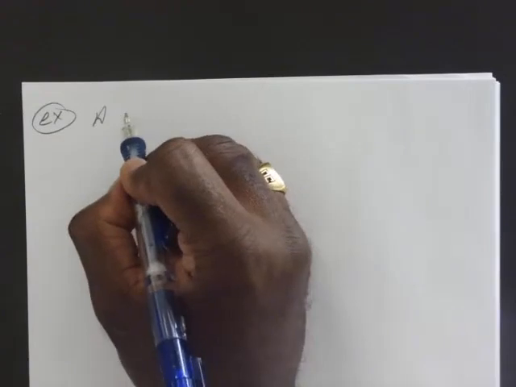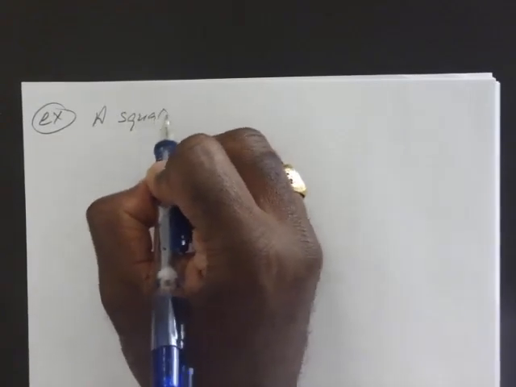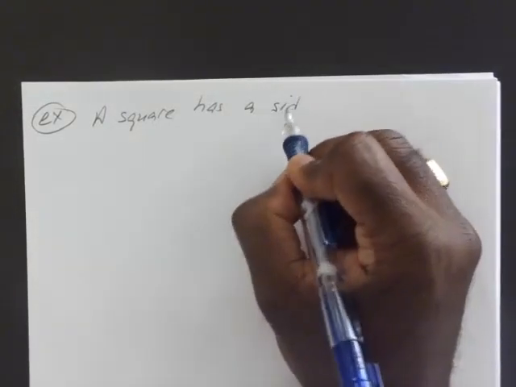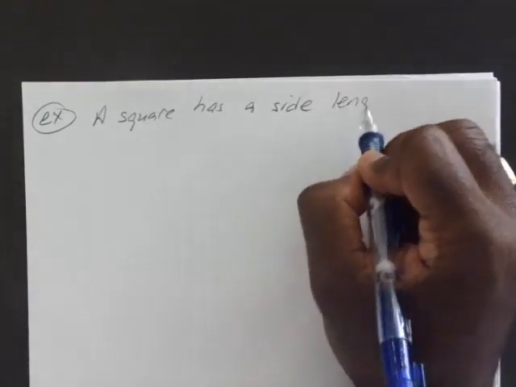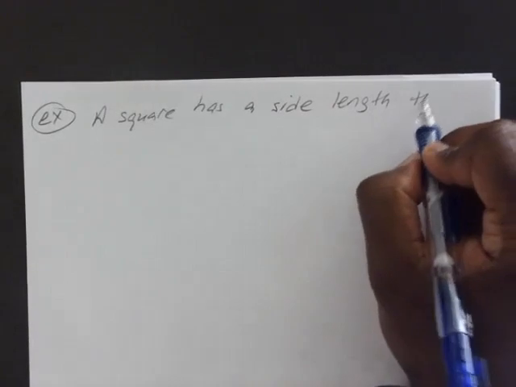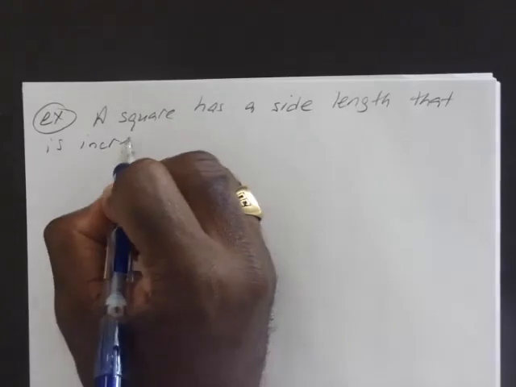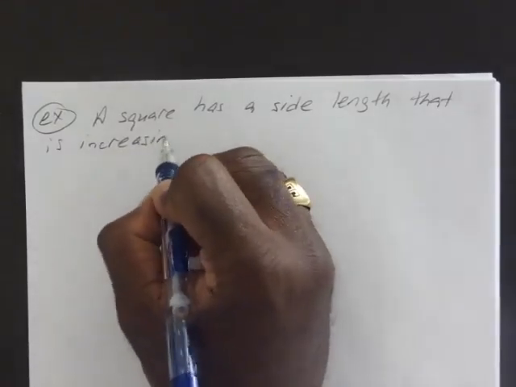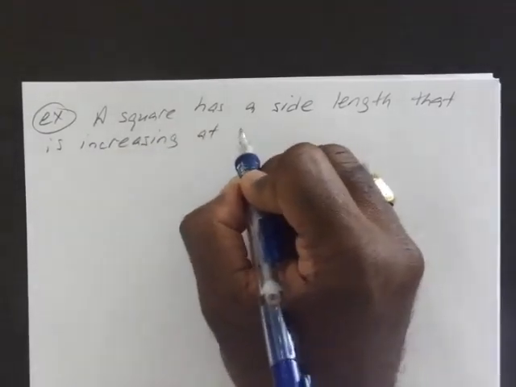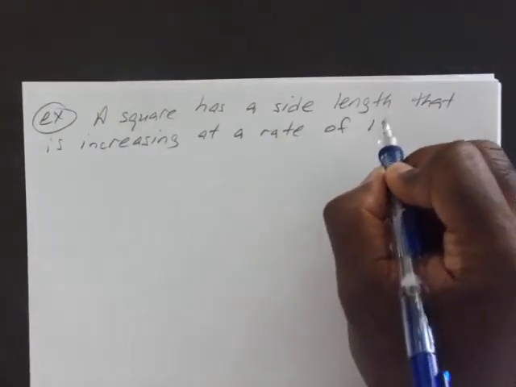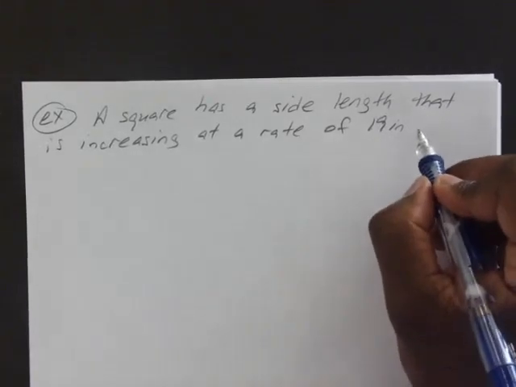So let's say, for example, we know that a square has a side length that is increasing at a rate of 19 inches per minute.